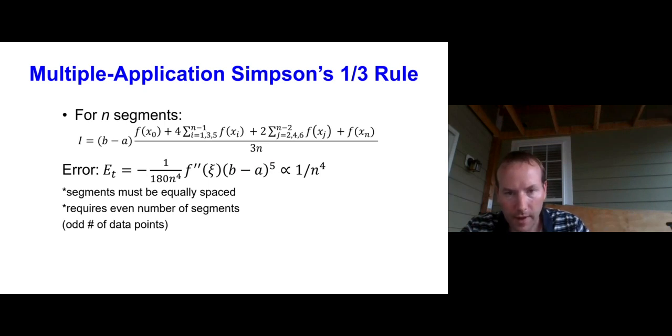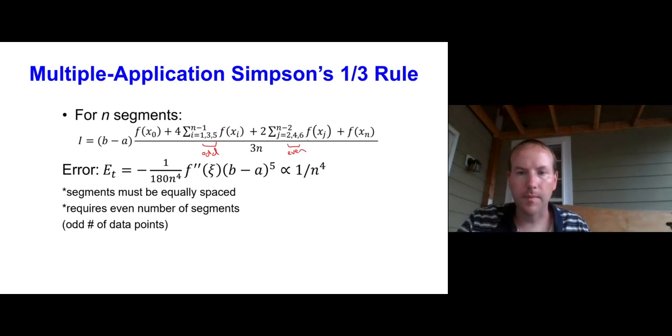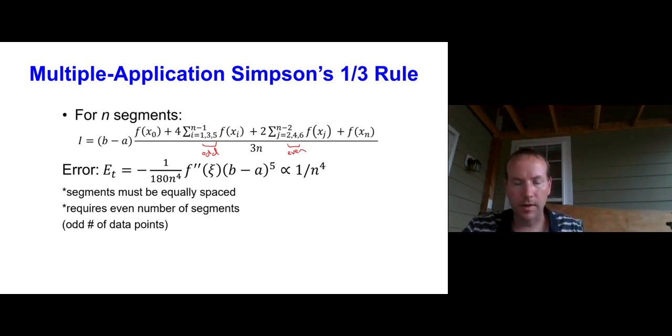Notice here that we have two series. This is going over odd values, and this one is going over even values. And so this is a combination of terms that will be equivalent to adding up each of these quadratic functions that are going together.